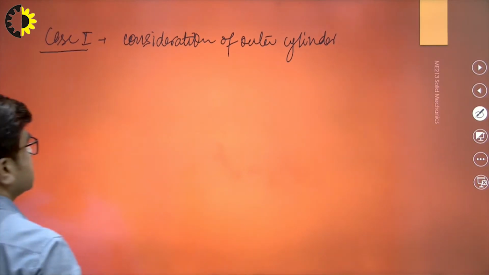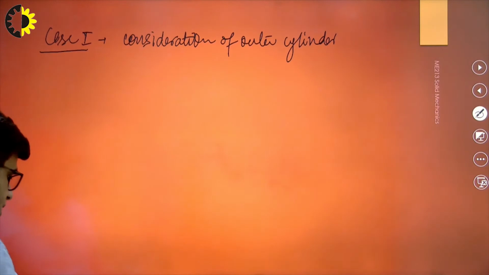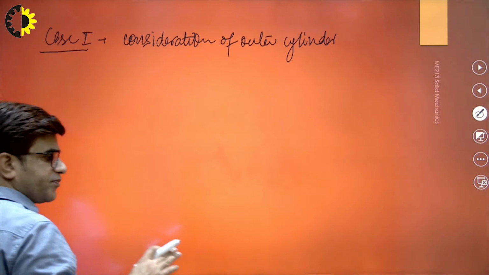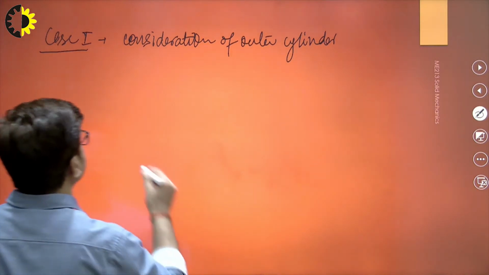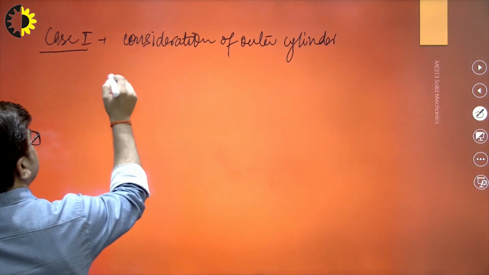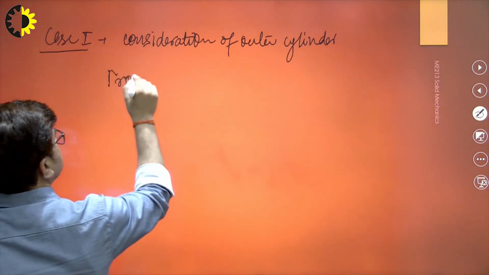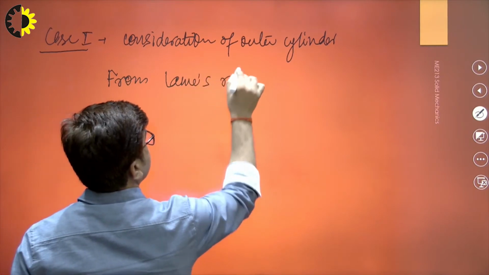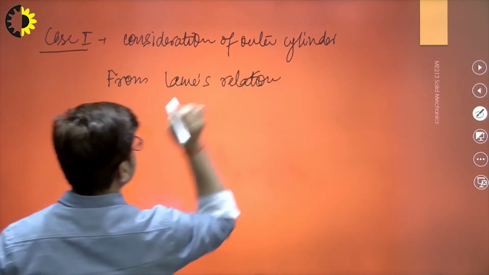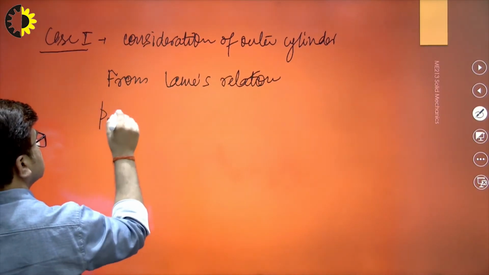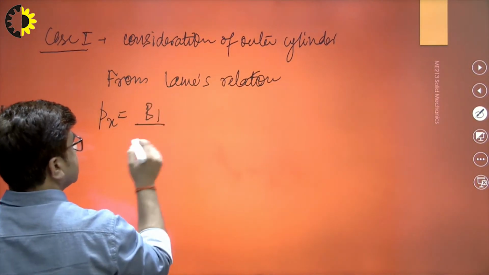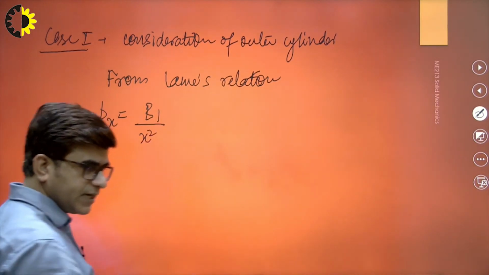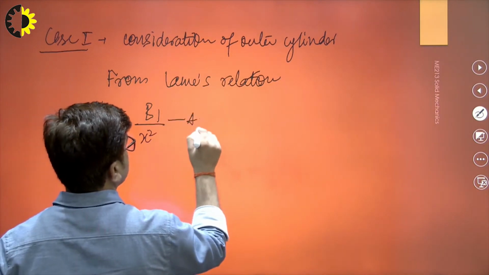So first of all I will consider the outer cylinder and will use Lame's equation for this outer cylinder, and will calculate hoop stresses due to shrinking. So from Lame's relation, Px equal to B1 by x square, where x is any radius, minus A1.